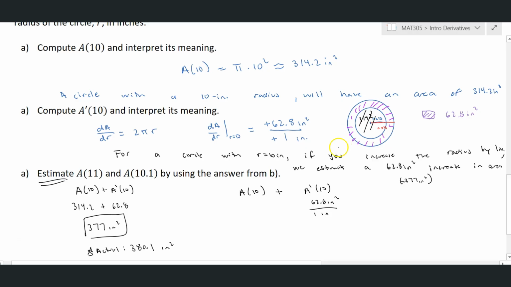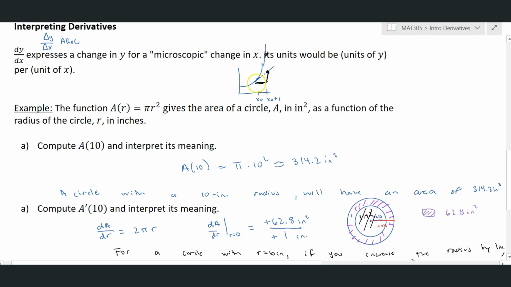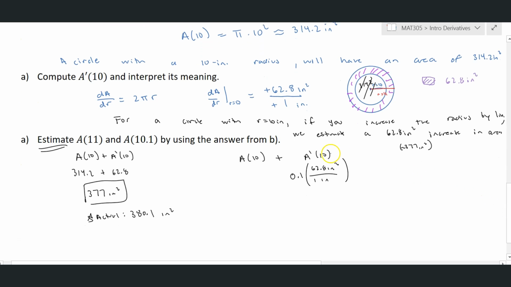But I'm not increasing the radius by 1, I'm increasing the radius by only 1/10 of that. And therefore, I would have to increase the area by only 1/10 of that approximation. So the idea back to our picture here is, if I don't go the full 1 unit, but I only do 1/10 of that, then proportionally I should only go up 1/10 of that full rate of change in y.